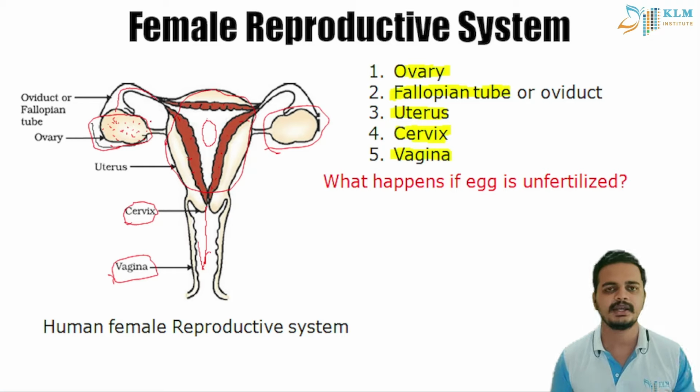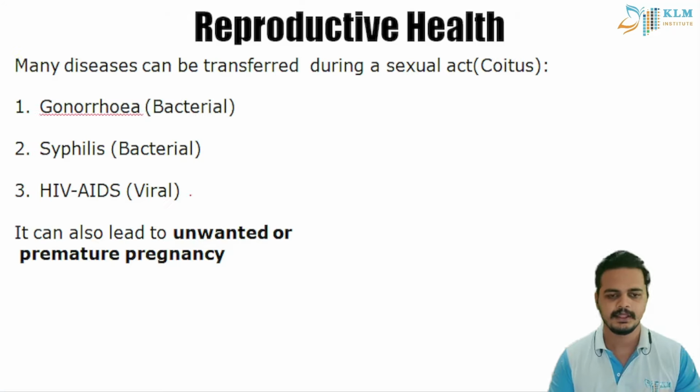That's why you can see bleeding. It lasts about 1 week for some, or it might be 2 days for some. It always changes. This is due to the uterus wall shedding down and letting out all the changes. Then again it starts the cycle. This is known as the menstrual cycle.